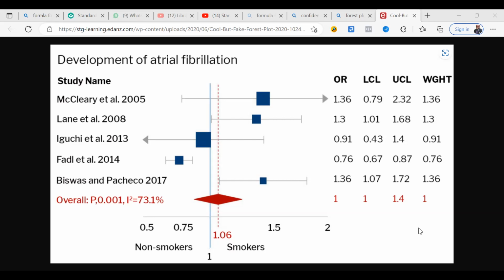Smoking. Third question, what is the outcome? Development of atrial fibrillation. Good. Next question: what is the effect size that is used in this study? Odds ratio. Correct.